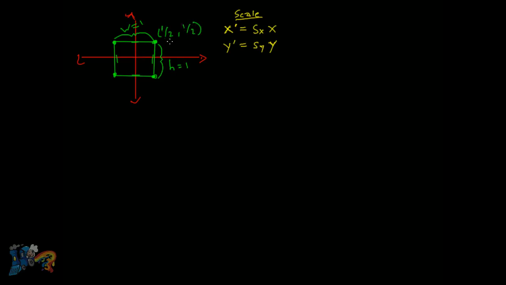If we multiply those two by 2, right, we get 1 and 1, which would take this point twice out here and twice out here. The point would now be here. If we do this to all 4 points, right, then this would go out twice as far, this would go out twice as far, this would go out twice as far, and you'd see that we have a square that's twice as big as it was before.